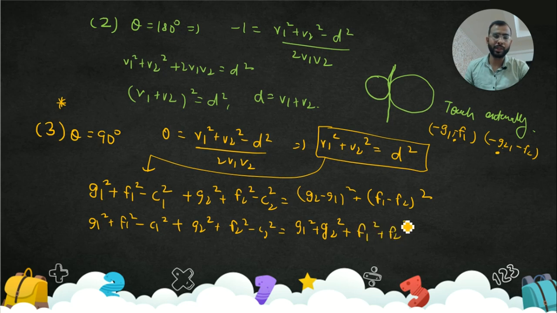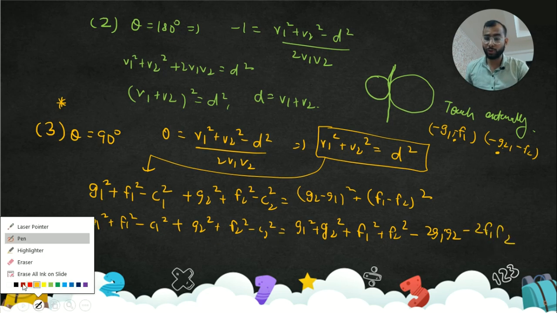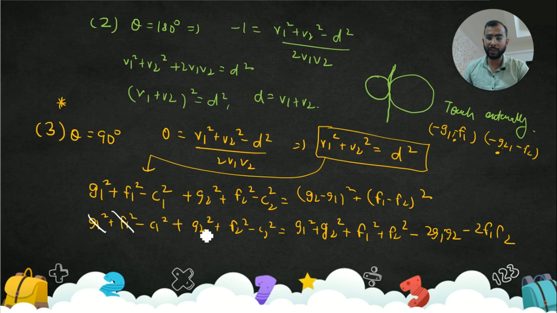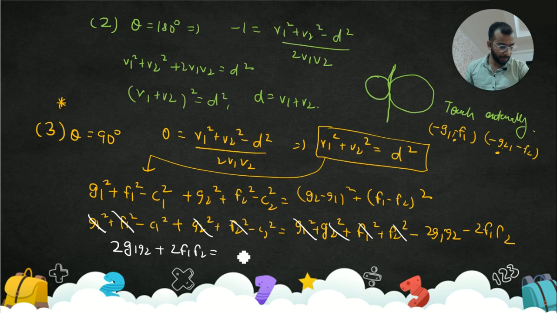Let me write all of them together, minus 2 g1 g2 minus 2 f1 f2. Some terms cancel: g1 f1 g2 f2. What is left? c1 and c2. So the final condition, I will take this on the other side: 2 g1 g2 plus 2 f1 f2 is equal to c1 plus c2.